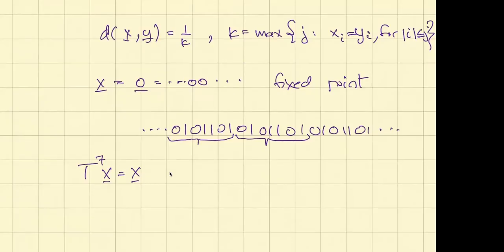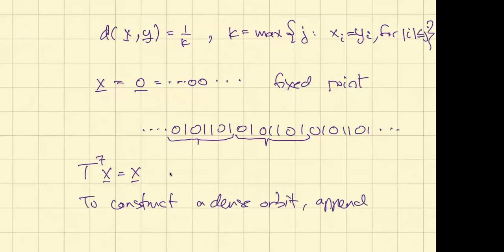And I can also make my orbits accumulate on everything that I like. It's easy to construct a dense orbit. To construct a dense orbit, concatenate all finite words in one word. I hope I'm not boring you, this is standard material.